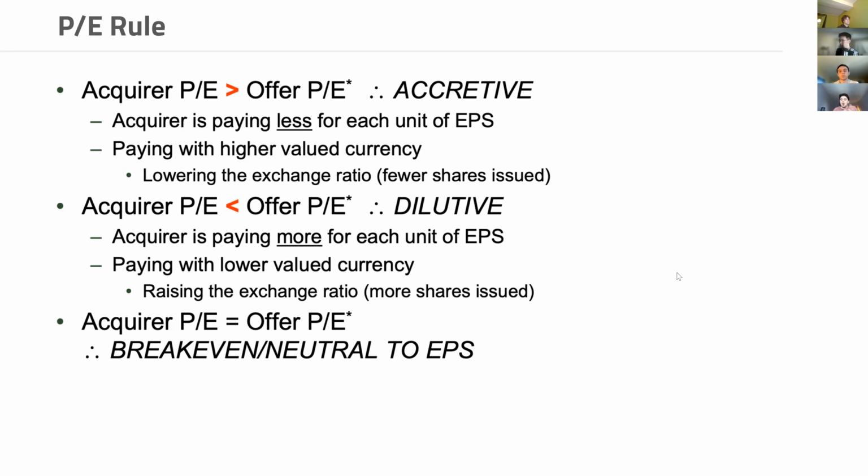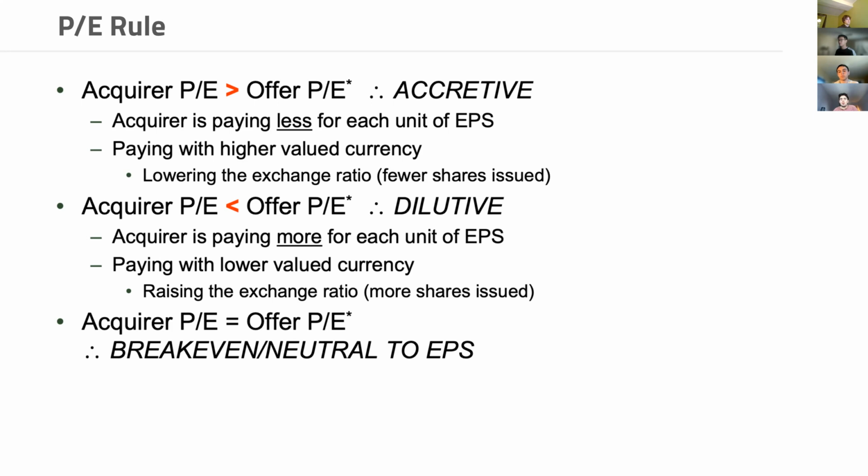The reason why, if the buyer's price to earnings multiple is greater than the target's, is that they're purchasing a greater earnings yield. So the earnings yield of the combined company will be higher than just the buyer's earnings yield prior to the transaction.